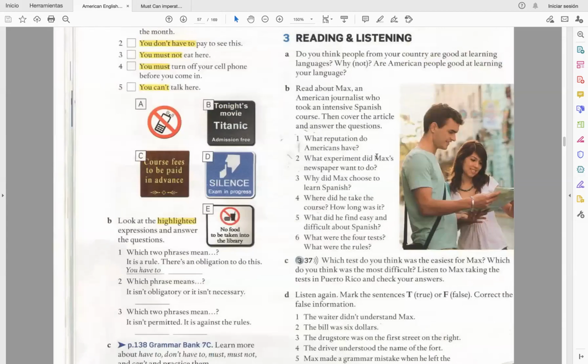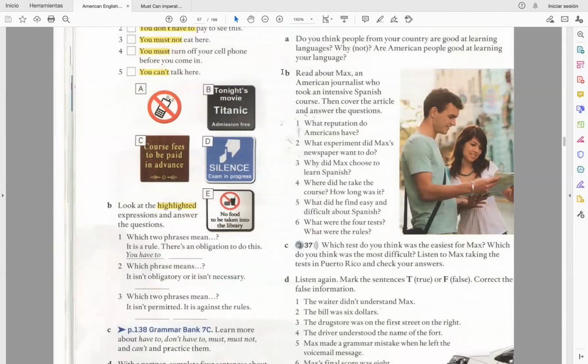All right. So it says, read about Max, an American journalist who took an intensive Spanish course, then covered the article and answer the questions. Okay, and these were the questions you were supposed to answer, right? So let's see.